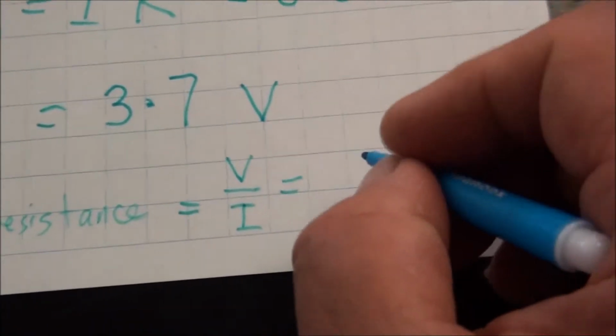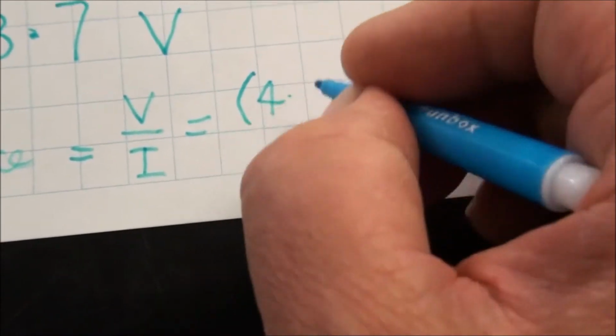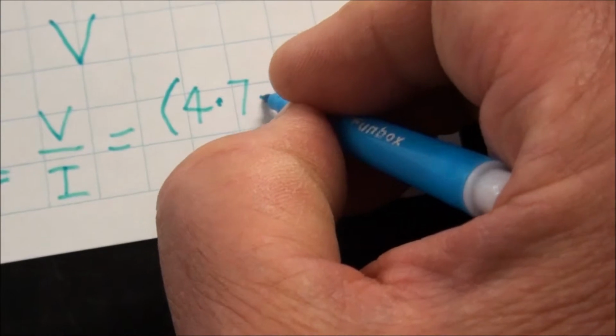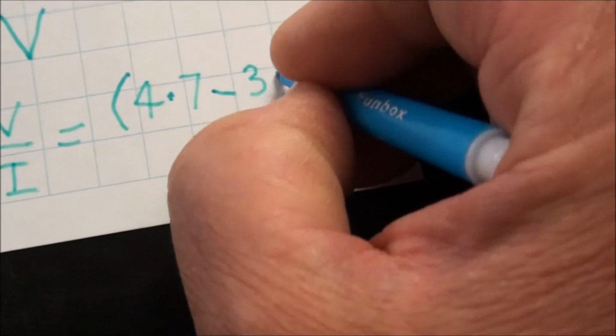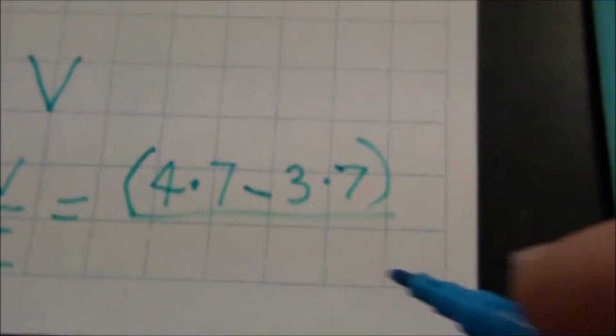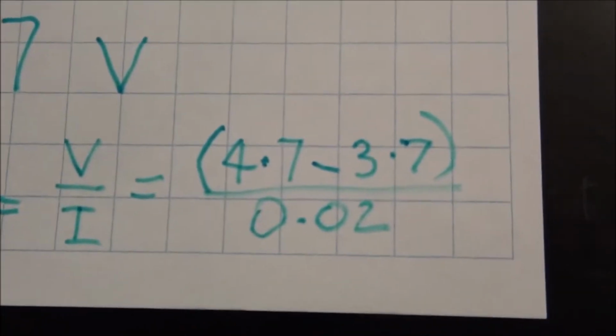Therefore, I'm going to have 4.7 minus what's drawn by the LED, 3.7. 4.7 minus 3.7 divided by 20 milliamps, which is 0.02. I'm running out of space here. So, that's the formula so far.